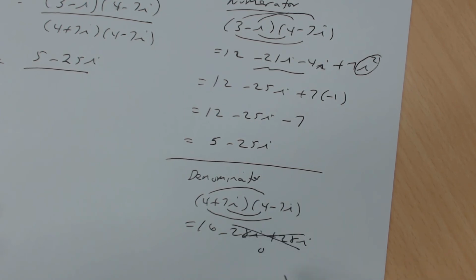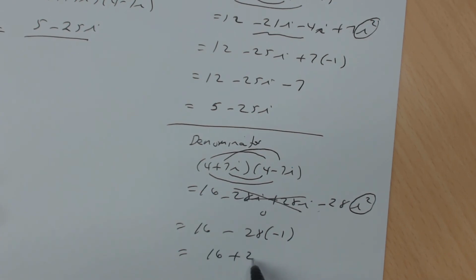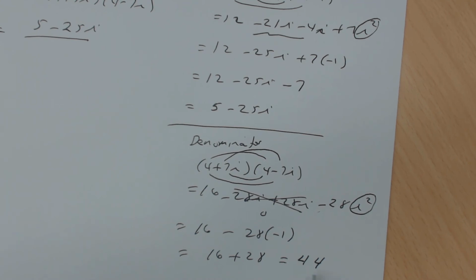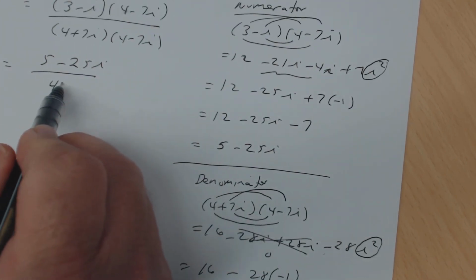We wanted these to be opposites, so that when we add them up, we get 0. All right, and the last, a positive 7i times a negative 7i is a negative 28, and then i times i is i squared. And remember, i squared is a negative 1. So this becomes 16 minus 28 times a negative 1. So that becomes 16 plus 28, and then 16 plus 28 is going to be 44. So I ended up with a real number. So it becomes 44 here.